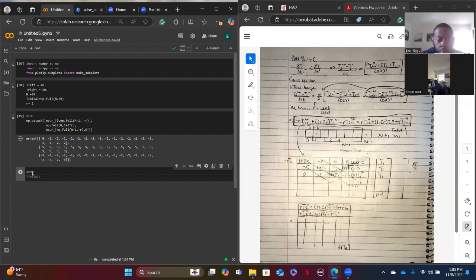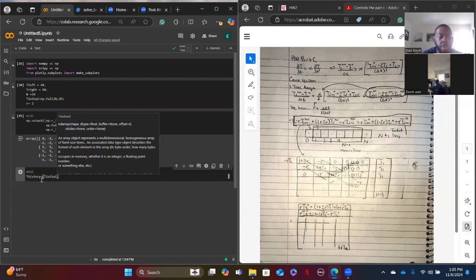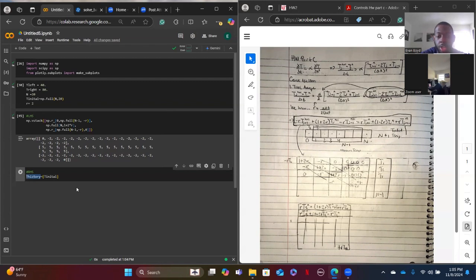So first we'll put a T history, equal to our T initial, so we just have a starter, like a reference. This T history will be the basis of our final temperatures that keep getting appended over time. We'll use it at the end to show all of our temperatures throughout a given period of time.